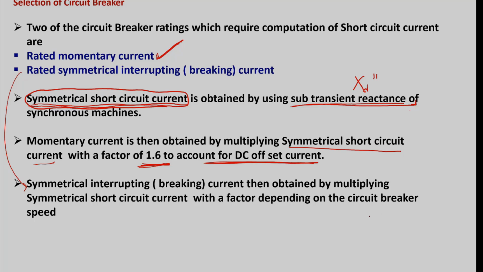Immediately when the fault occurs, the relay will sense the fault. It will take some time to sense the fault and give a trip signal to the circuit breaker. The time interval between the instant of occurrence of the fault and the time taken by the relay to close the trip coil of the circuit breaker is called relay time.